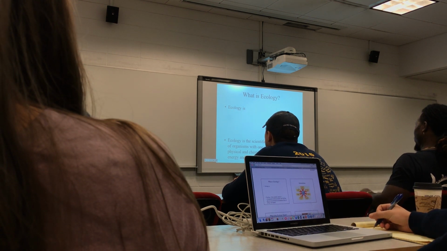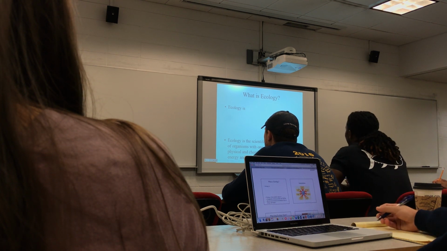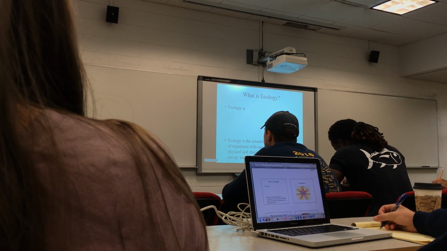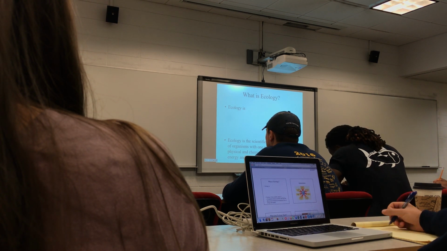There is another ecology definition. Ecology is the scientific study of the abundance and distribution of organisms and their interactions with the environment, okay? I'm going to repeat that again.